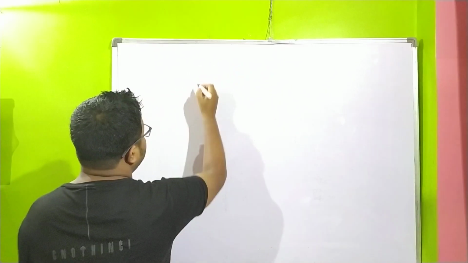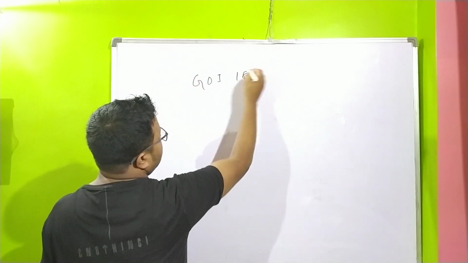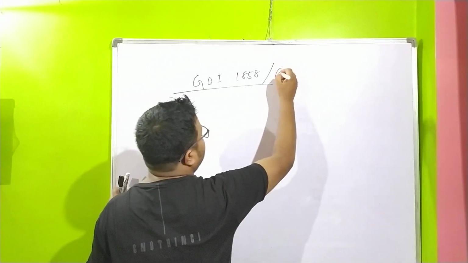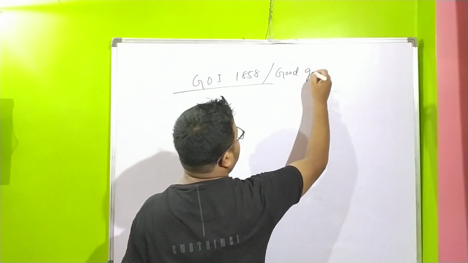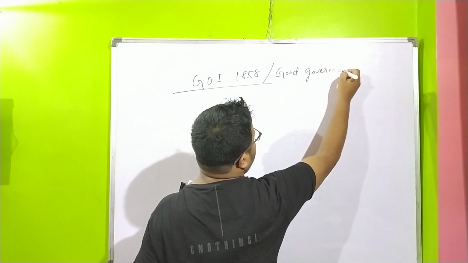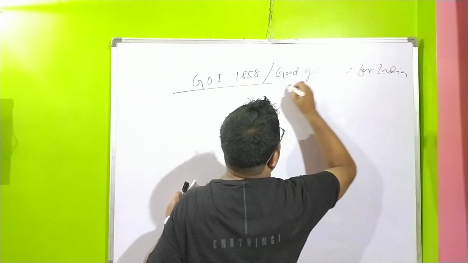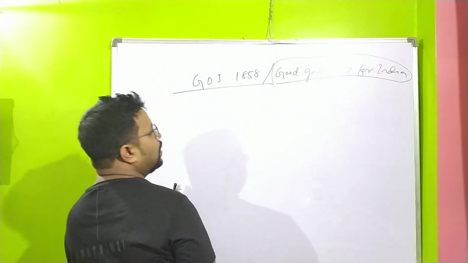Government of India Act 1858. And this was also said to be what? A good government for India.